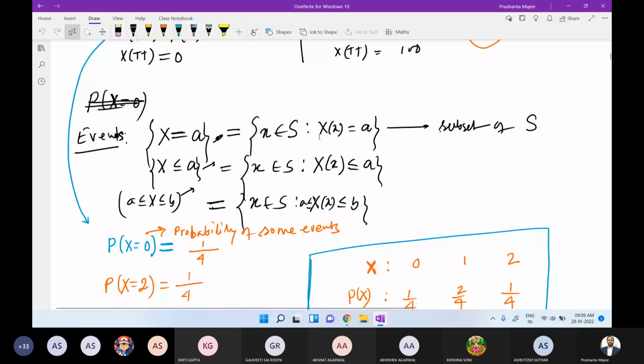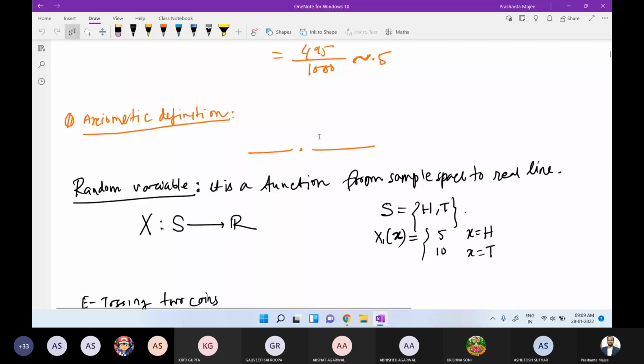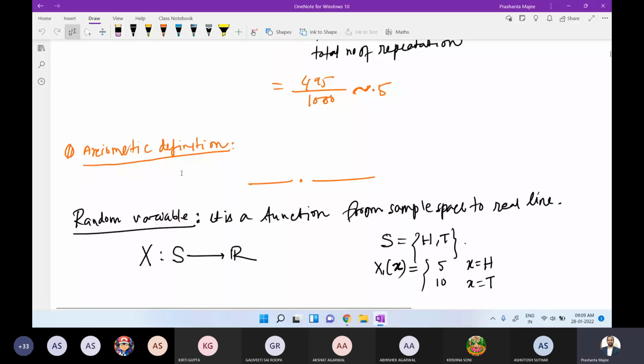So let us quickly summarize. A random variable is associated with a random experiment. For a random experiment, the set of all possible outcomes is known as the sample space. A random variable is a real valued function from sample space to real line.